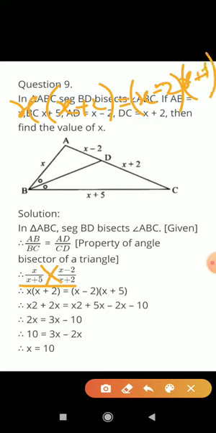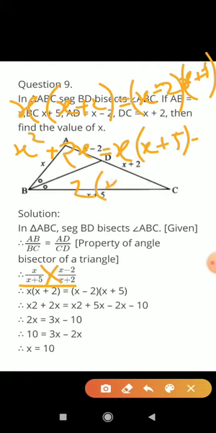Okay, then x into x becomes x square plus 2 into x, 2x, is equal to, now this first multiply by x to x plus 5 and then minus 2 into x plus 5.